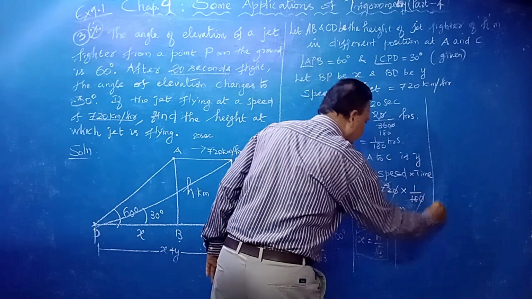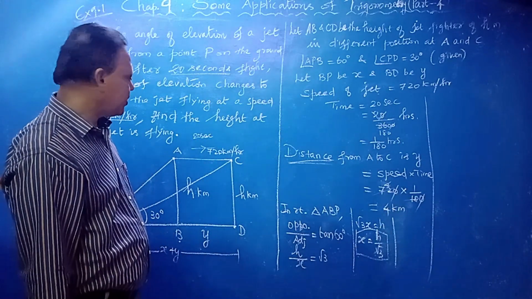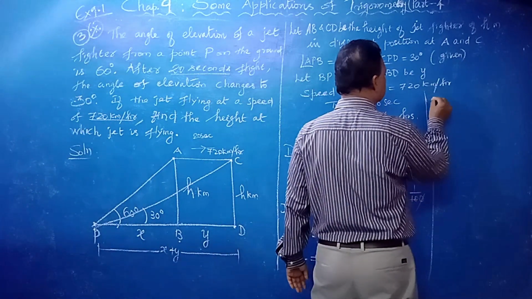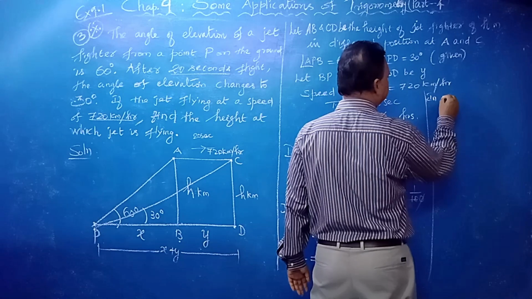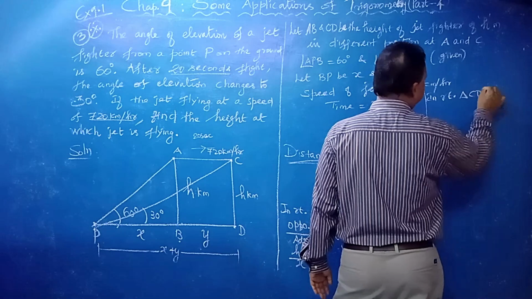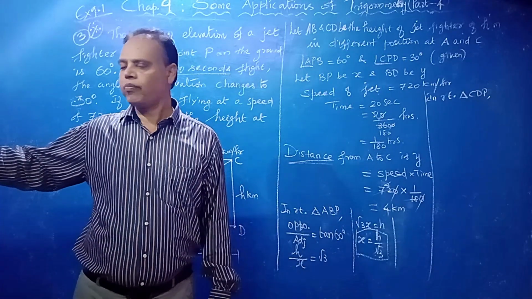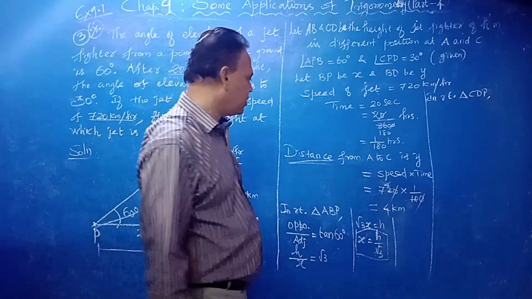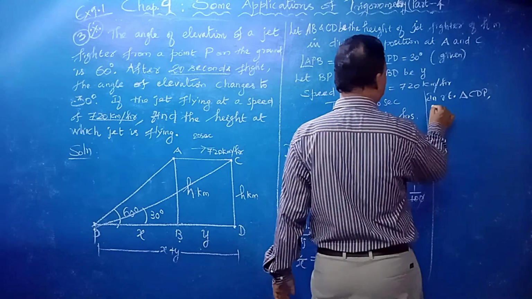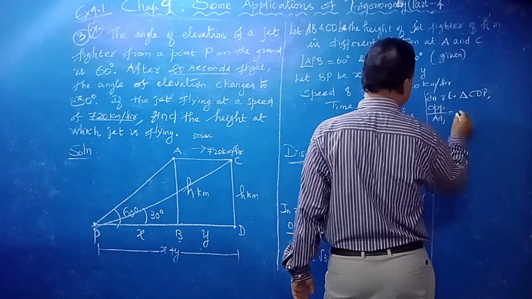Now, next, take this right triangle CDP. In right triangle CDP, opposite by adjacent is equal to tan 30.